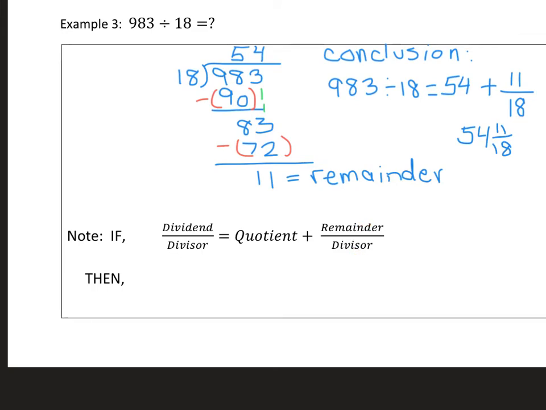And if that is true, we can do a little algebraic manipulation here and multiply the entire thing by the divisor. So let's get rid of that denominator. I'm going to multiply every term in here by the divisor. So if I multiply dividend over the divisor by the divisor, then the divisors are going to cancel, and I end up with the dividend left.